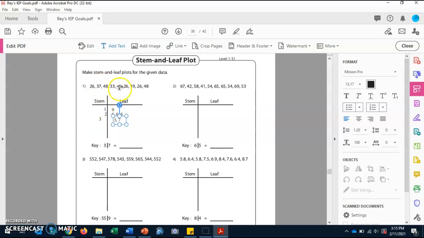And then after our 3s, do we have 4s? Yes, good job. We do have 4s. We have a 48, a 49, and another 48. How would we write this down? So to start off, we need to write our stem number, which would be 4.